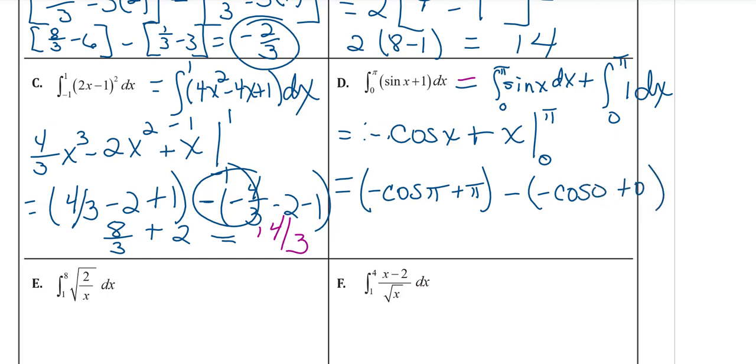So simplifying this, this is going to be positive 1 plus pi, and that's going to be negative 1, negative, negative makes a positive 1, and so I get 2 plus pi. And you can just leave your answer like that.